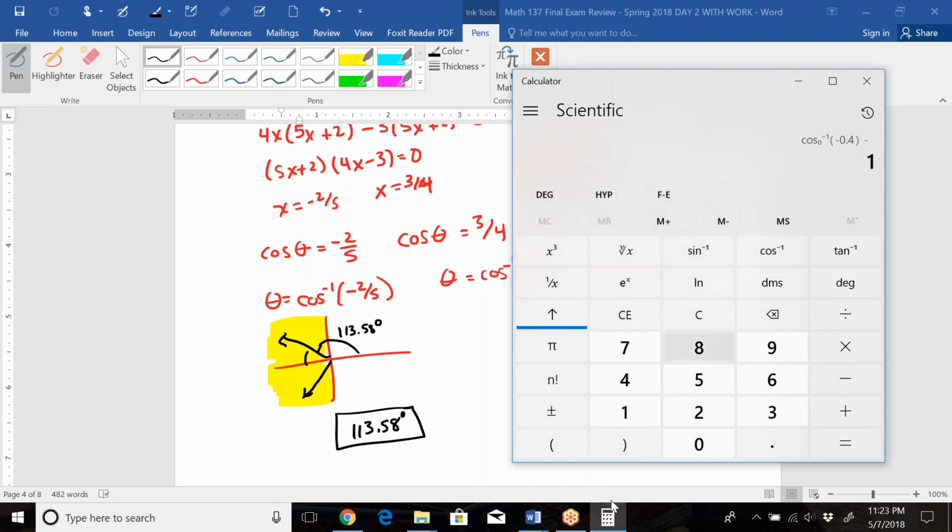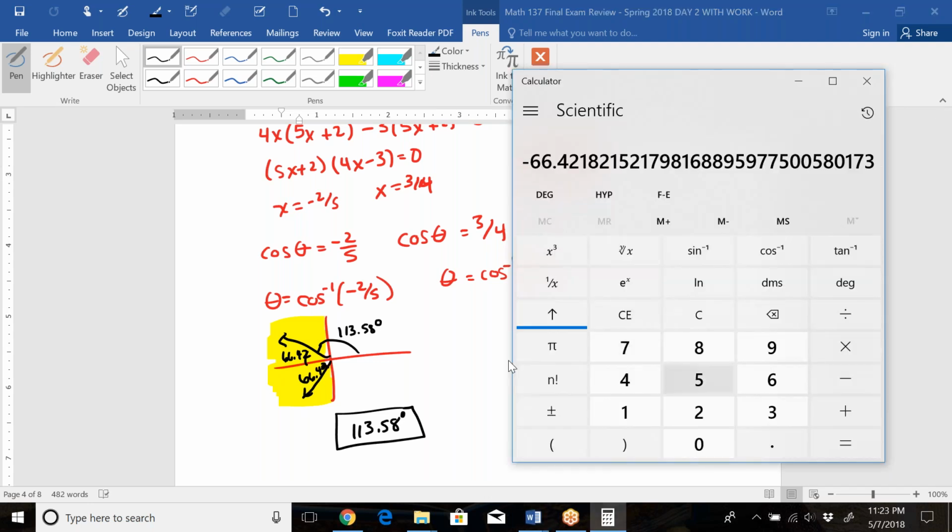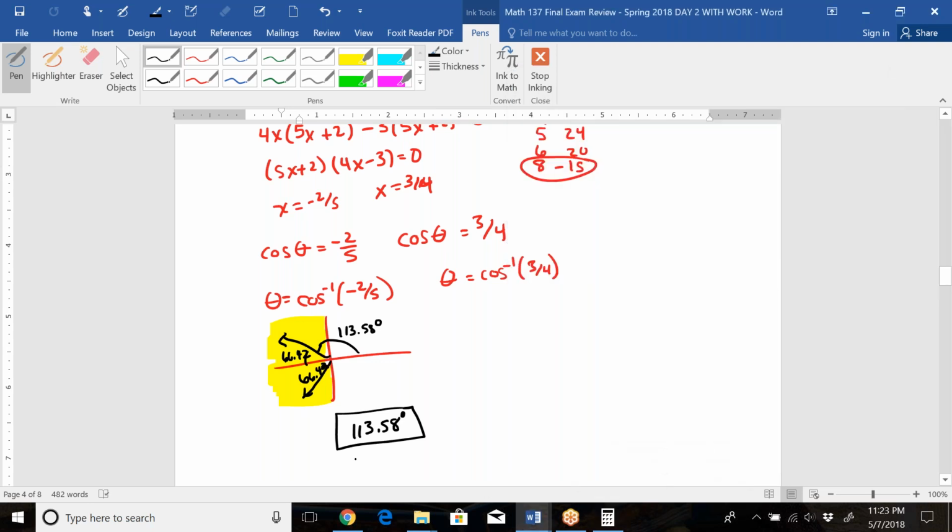So minus that from 180 will tell you how much is left right there. It's 66.42, which means this is also 66.42. So for this angle down in quad 3, we have to add 180 plus that. Since mine's already negative, I'm just going to subtract it. So it's 246.42. There's the second angle for that part.